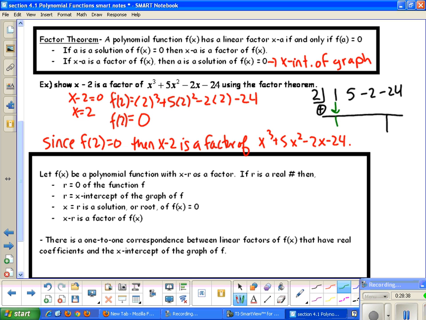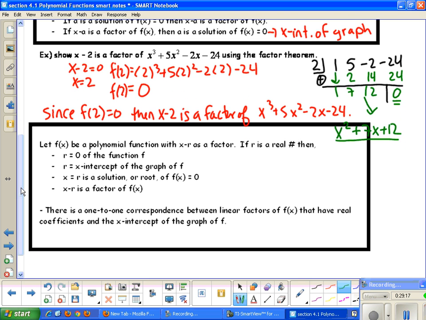So this becomes 1. 1 times 2 is 2, and 5 plus 2 gives me 7. Then 7 times 2 gives me 14, and 14 minus 2 gives me 12, and then 12 times 2 is 24, and negative 24 plus 24 is 0. Because my remainder is 0, that tells me that x minus 2 is a factor. That means if I write my coefficients back in, I get x squared plus 7x plus 12. I know that this is also a factor of my equation.